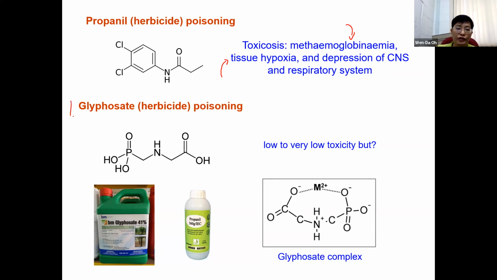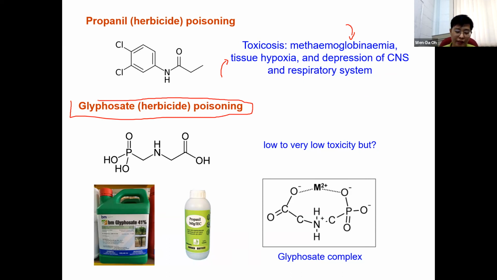And the other one is glyphosate. Okay, this is one of the problems also in Sri Lanka, right? So many years back, Sri Lanka used this chemical, glyphosate, as one of their herbicides, right? And then after that, the government issued an order to stop it, right?